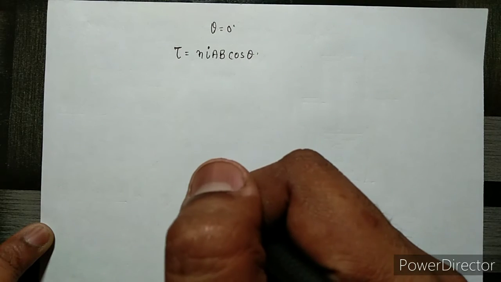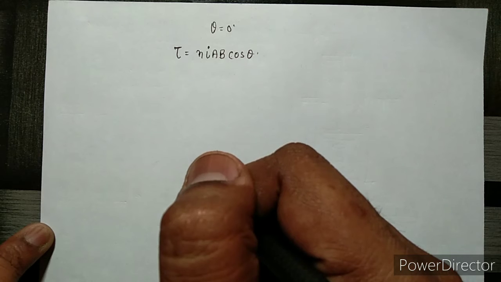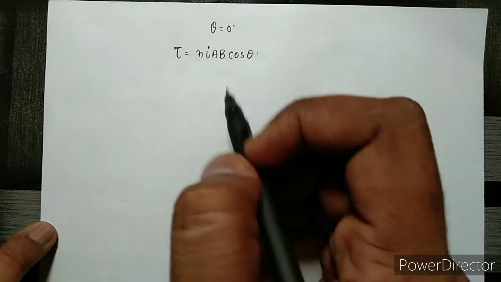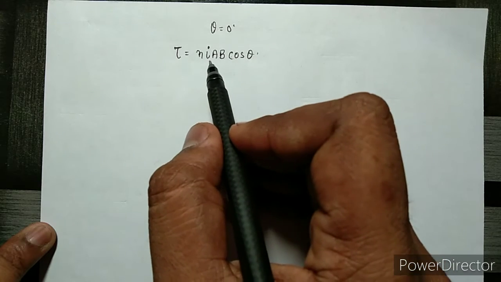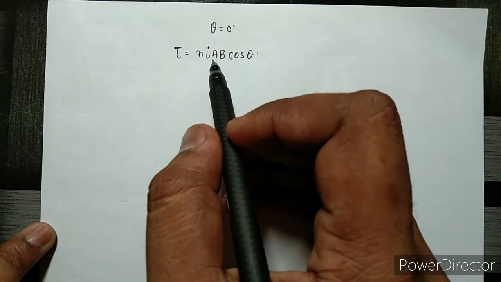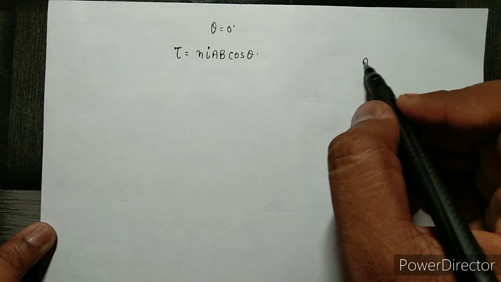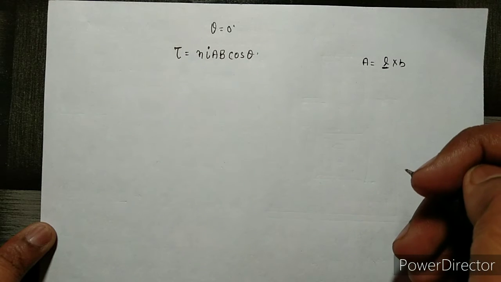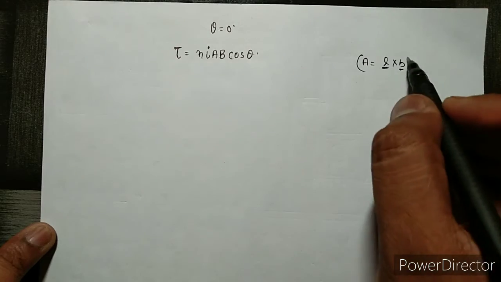This expression we already discussed in the previous video, so you can check it from the playlist of class 12th. Now, where N is the number of turns in the coil, I is the current flowing through the coil, A is the area of the rectangular coil, which you can also denote by L into B, where L is the length and B is the breadth of that rectangular coil.